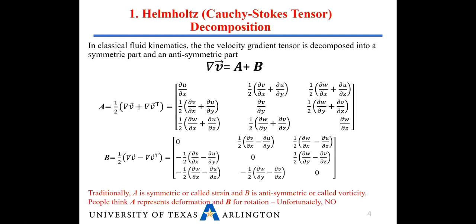Symmetric is the gradient of V plus its transpose. This is a plus, this is a minus, anti-symmetric. A, they usually call the strain part, the symmetric part. B, they call the rotational part, or anti-symmetric part.